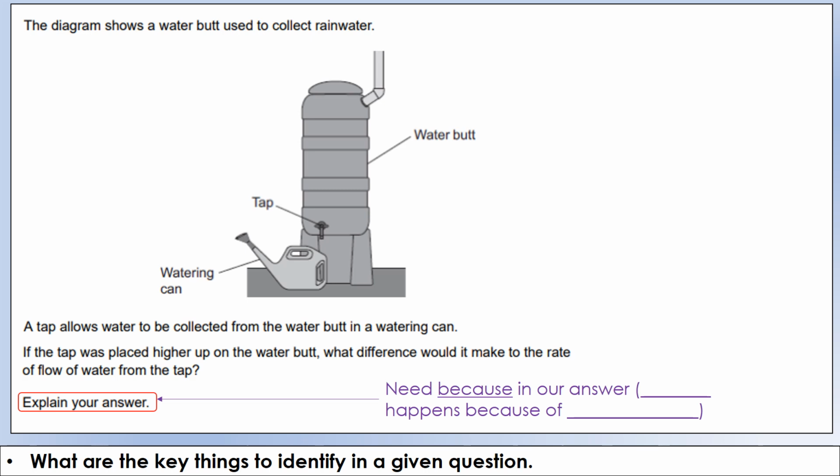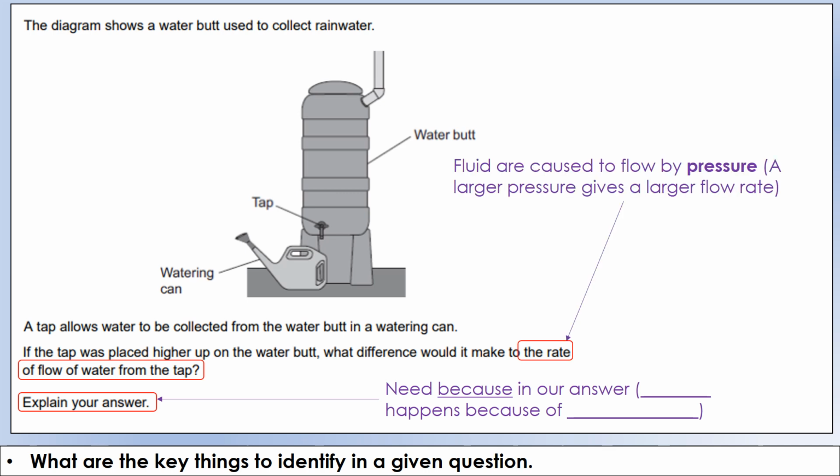Okay, so then from the context, what information am I going to need here? Well, we need to know about the rate of flow of water from the tap. The information that we need to have in our long-term memory is that fluids are caused to flow by pressure. A larger pressure gives you a larger flow rate. It's just like a larger potential difference gives you a larger current in a circuit.